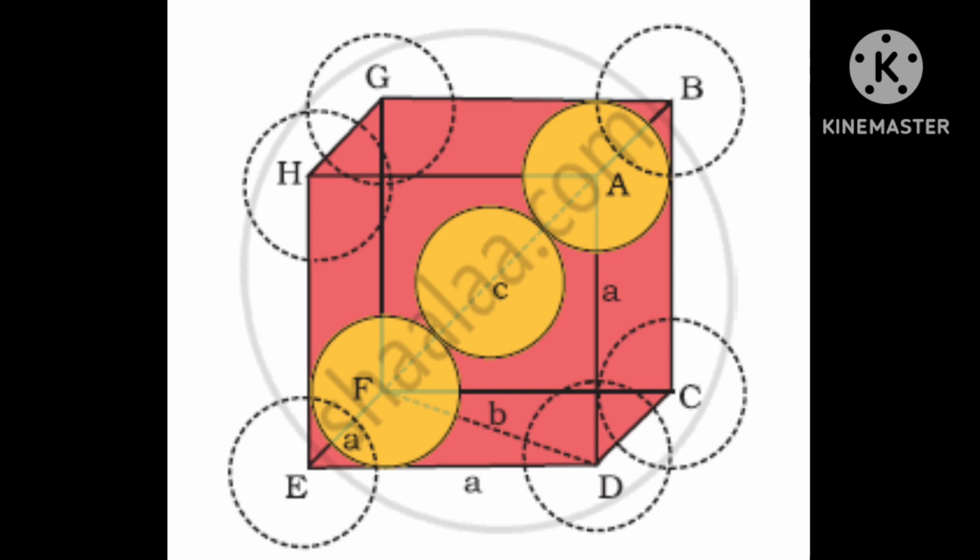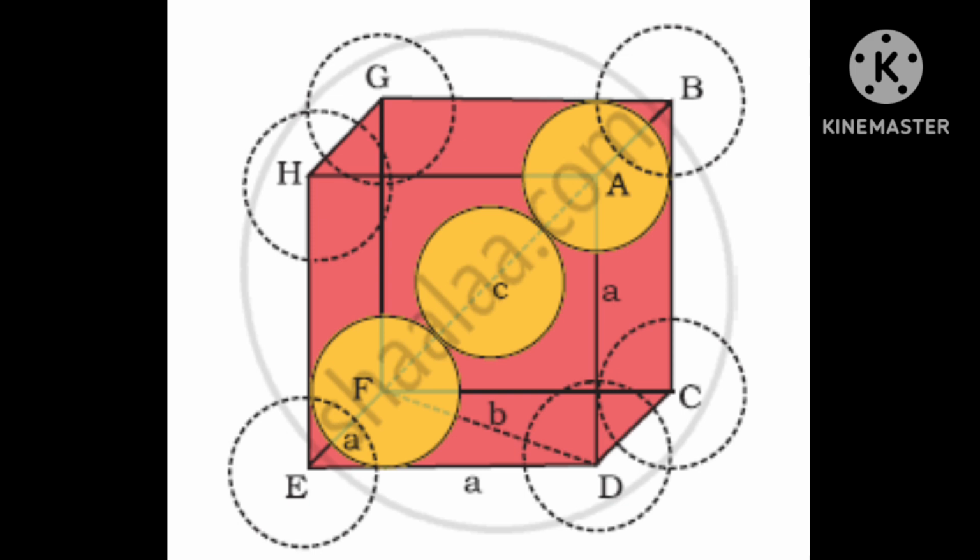Here, in this type of structure, you are considering a body-centered cubic structure. Total number of atoms is 2. Only 2 spheres can be fully accommodated.